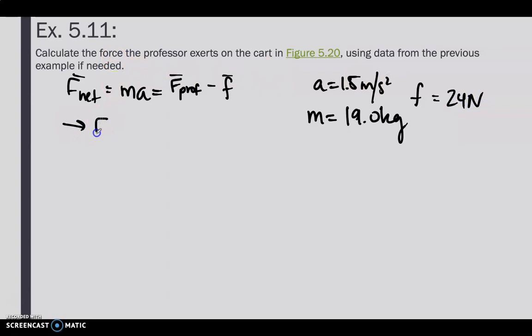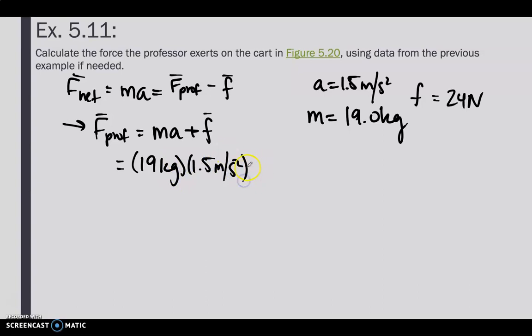All right, so F professor is going to equal mass times acceleration plus frictional force. So we have 19 kilograms times 1.5 meters per second squared plus our frictional force.